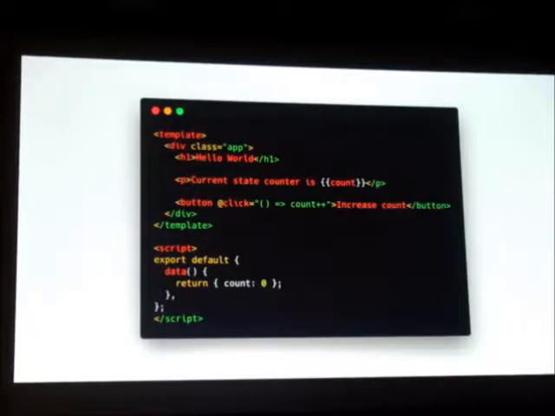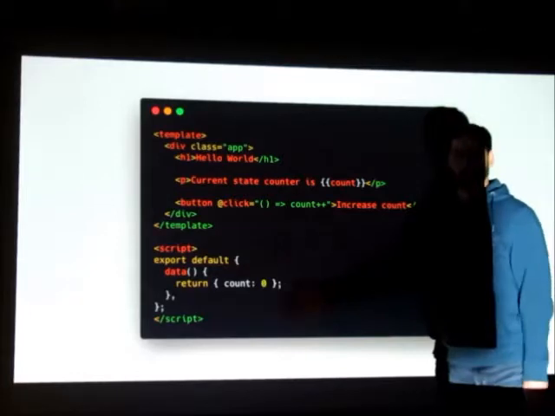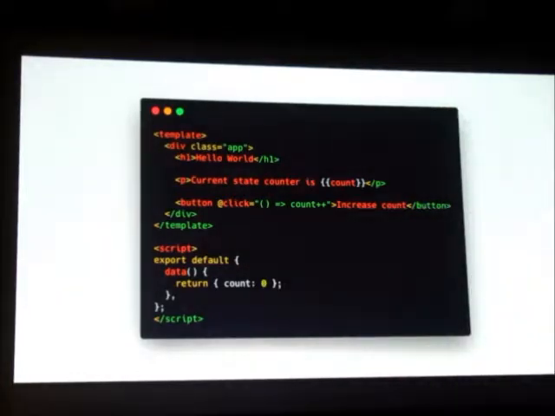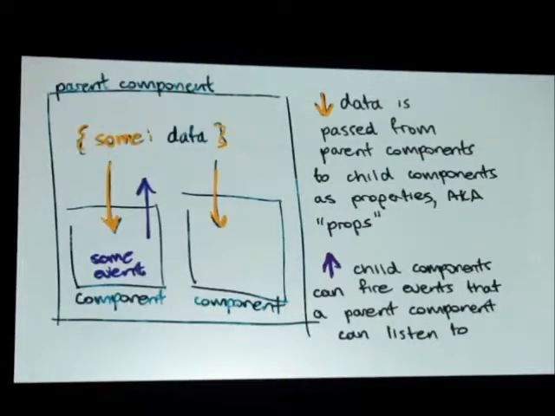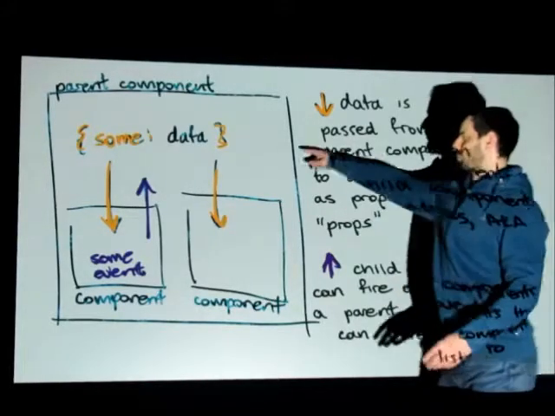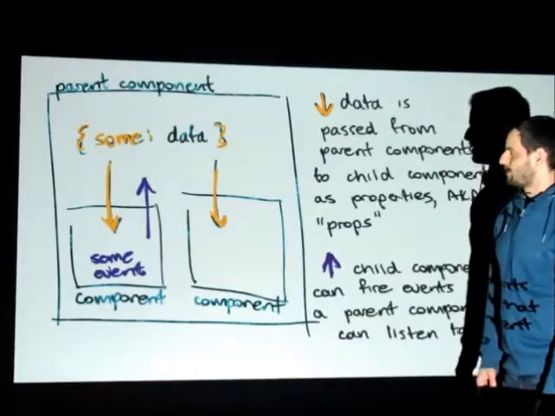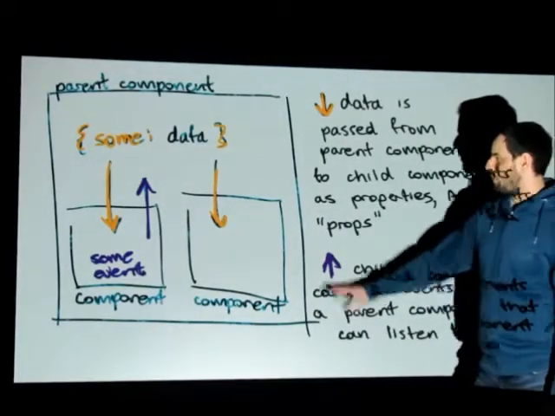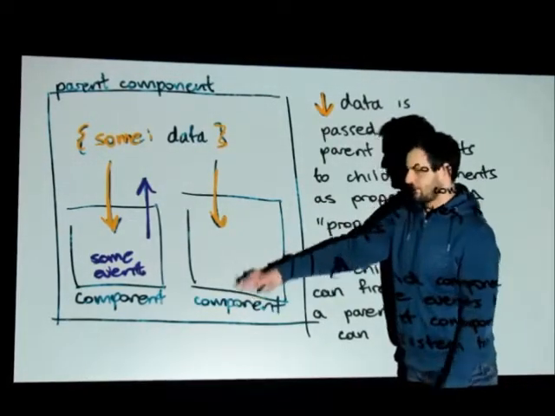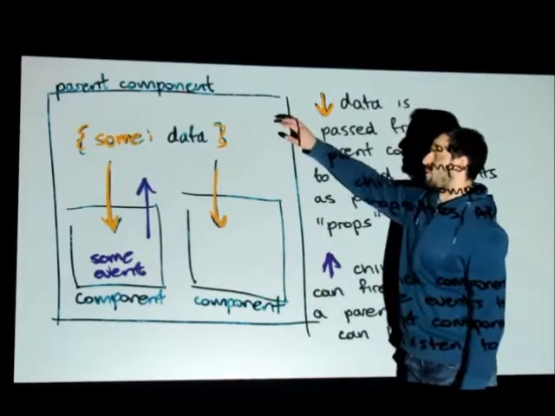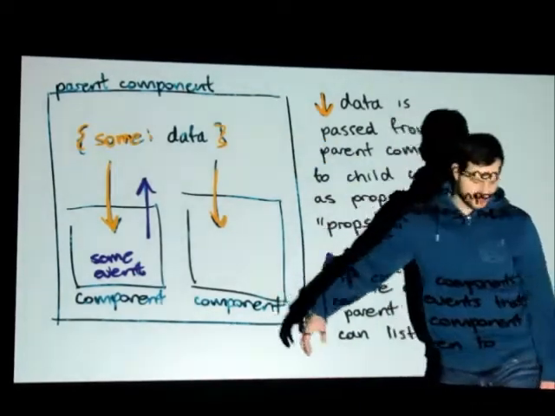Vuex is a way to handle this data externally from the component. It's not something I'm going to go over in this presentation, but it's a way to allow you to easily share data between components. Generally you have your data living in here, and if you want this component to have it, you pass it down as a prop. But say these components are nested more deeply in the component tree, and you want to pass in data from up here and share with all your child components.